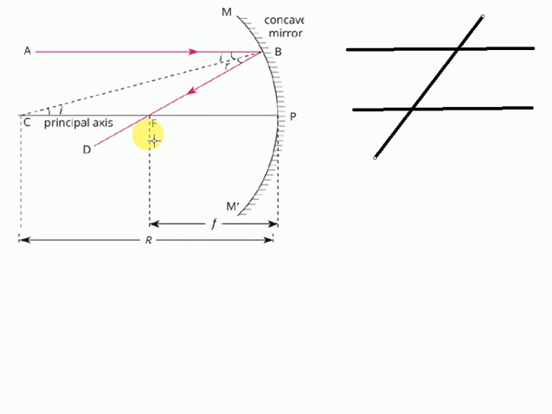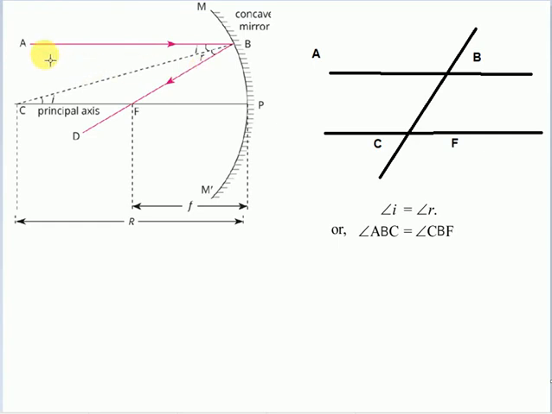Reason will be law of reflection. As ray AB is parallel to principal axis CP, therefore angle ABC is equal to angle BCF, as CB acts as a transversal and the reason being alternate angles are equal.